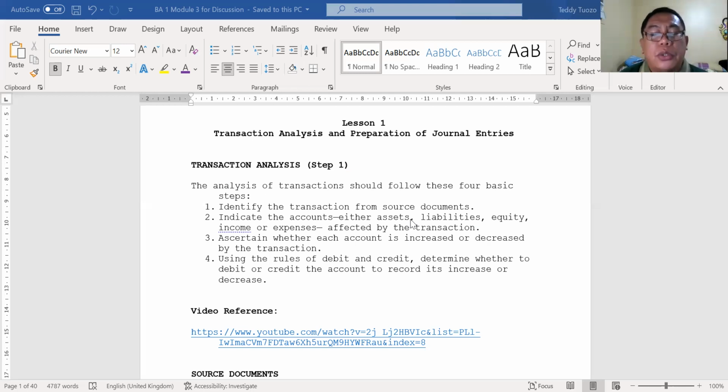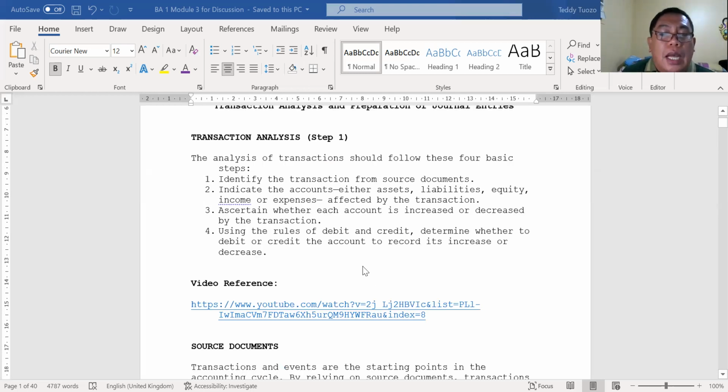I have already introduced that one to you, and this really helped me a lot during my college. For every transaction, the value received is a debit entry and the value parted with is a credit entry. I have also here in this module attached a video reference from YouTube. You may copy the link and then search it in YouTube. So it's up to you.